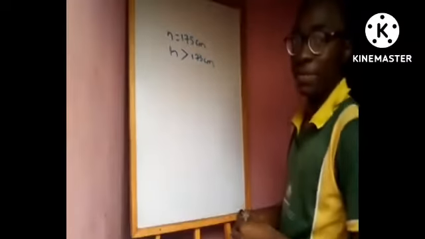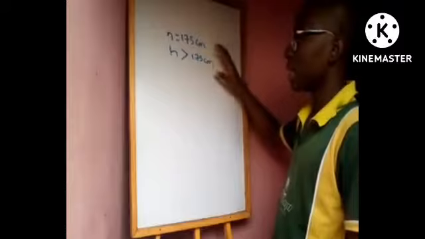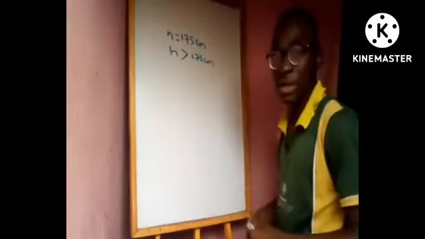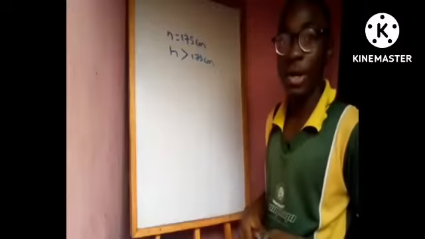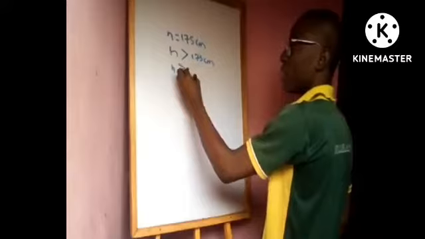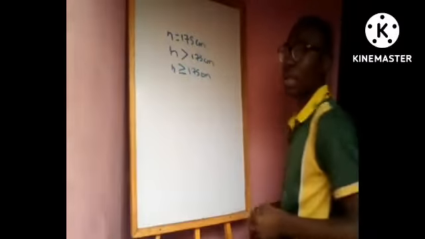So there's a difference. This first statement means that the height is equal to 175 centimeters, and this second statement means that the height is greater than 175 centimeters. If I wanted to say my height is either greater than or equals to 175 centimeters, we will represent it as height is greater than or equals to 175 centimeters. And so on and so forth.